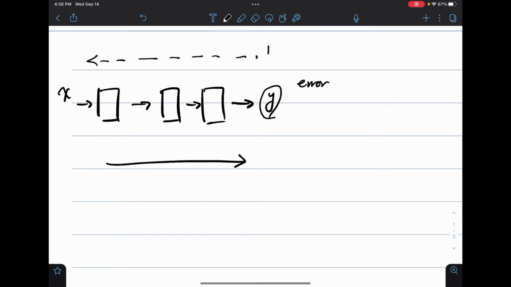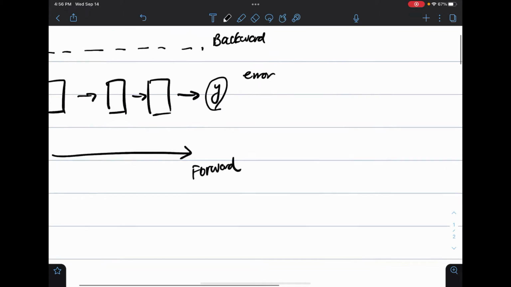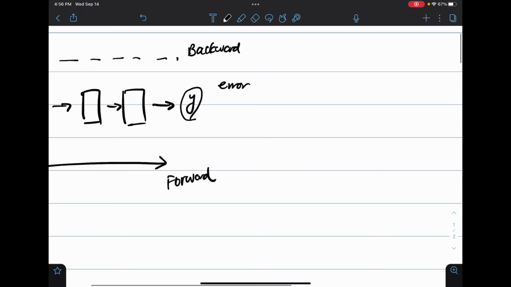So again, we can write this as the backward pass and the forward pass. This is a simple name for backpropagation, and the forward pass is simply forward propagation.